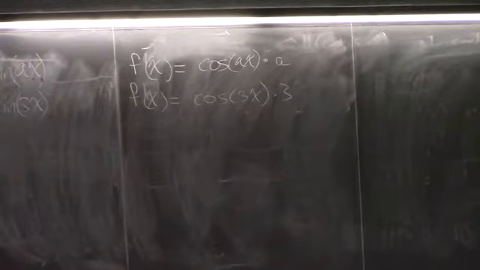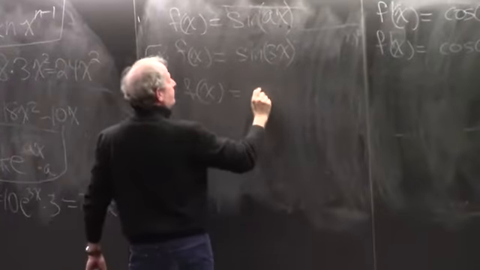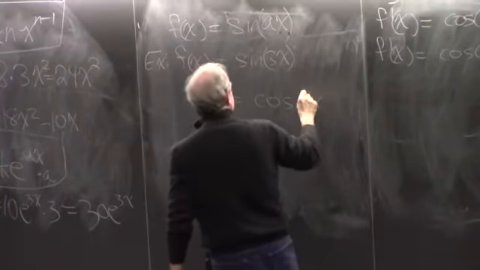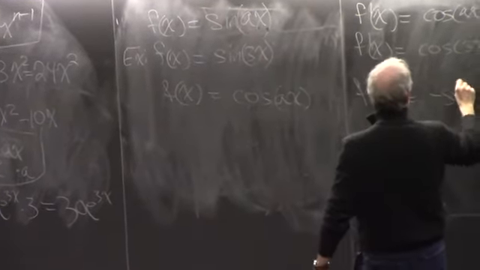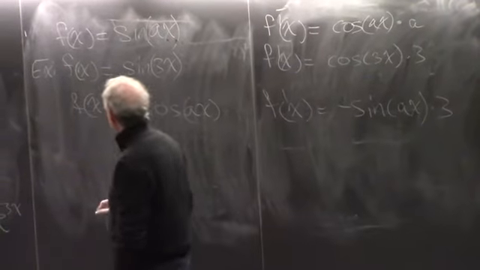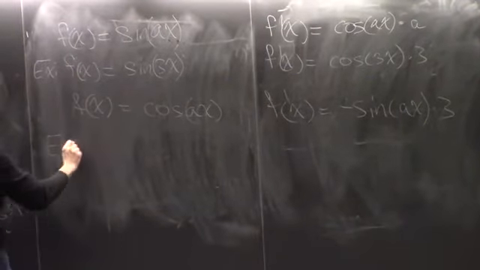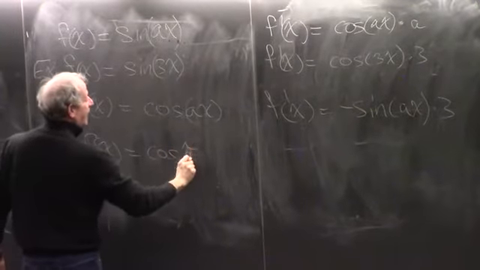So derivative of sine is cosine, derivative of cosine is negative sine. So for example, if I had cosine of pi x.